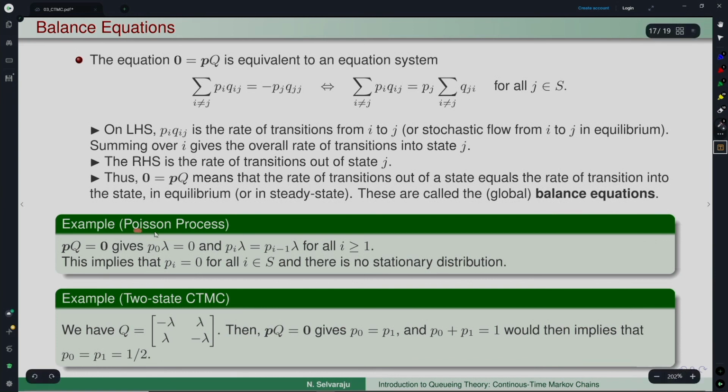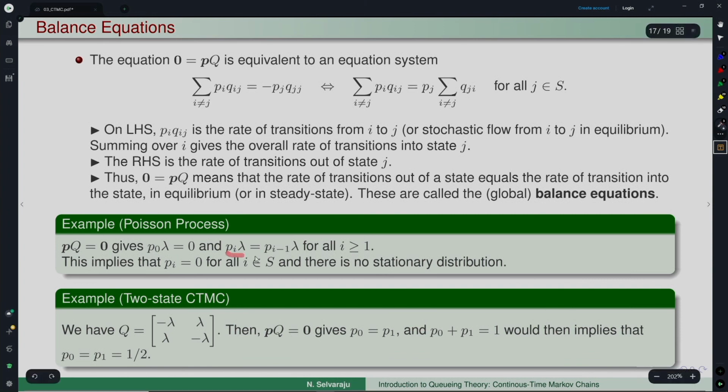Now, the Poisson process is an example if you look at it. PQ equal to 0 gives this and this. So, this implies that Pi equal to 0 for all i and there is no stationary distribution. You can verify whether it satisfies the ergodic theorem conditions, and see why this is happening: all Pi's are equal to 0, and there is no stationary distribution here.